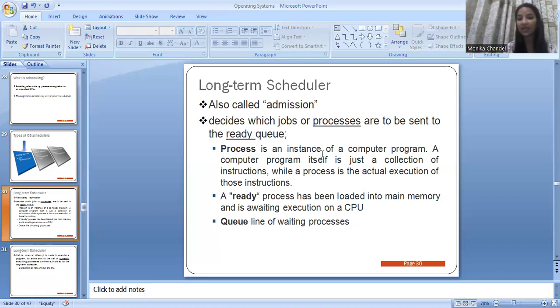The process is an instance of a computer program. A computer program itself is just a collection of instructions, while a process is the actual execution of these instructions. After we give the process to the computer, it goes to the ready queue, and the other processes are waiting in the queue line. So many processes are running on a CPU at one time. Whenever a new job comes to the operating system, it stays in the queue line.